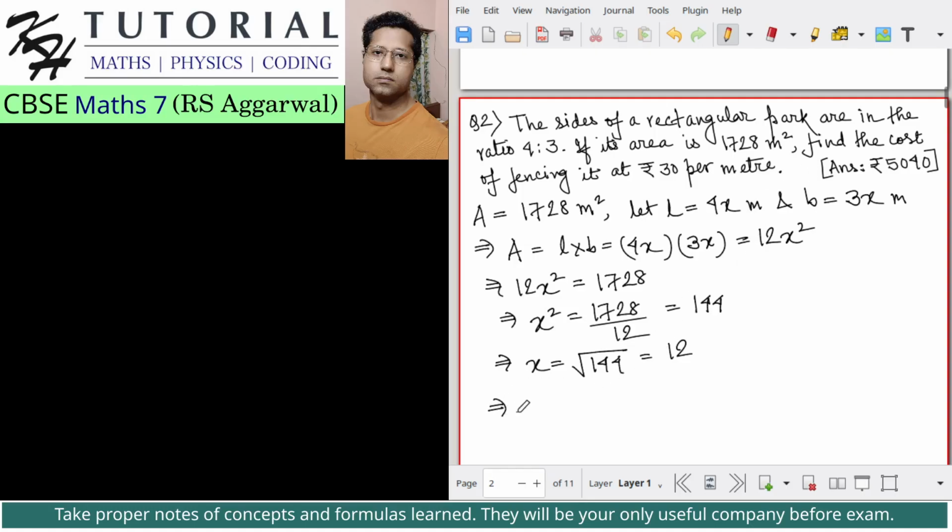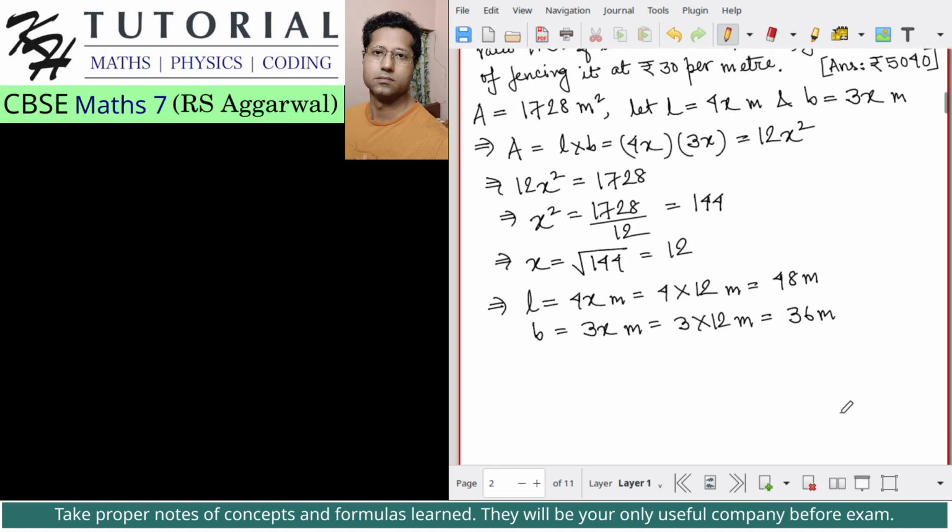So this implies L, that is the length, is equal to 4x meter, which is 4 multiplied by 12 meter, which is 48 meter. And breadth is equal to 3x meter, which is 3 multiplied by 12 meter, which is 36 meter. So we have found length and breadth.